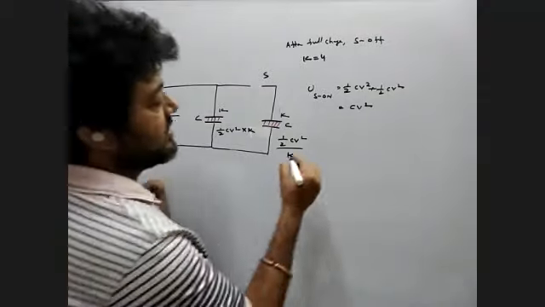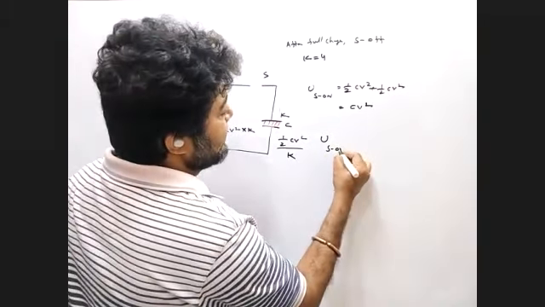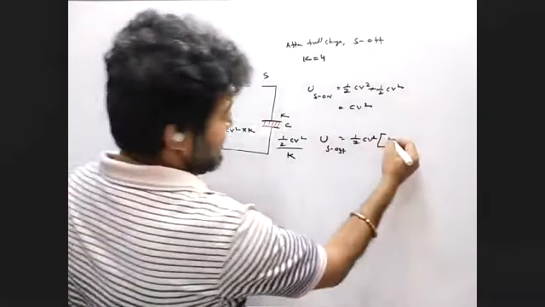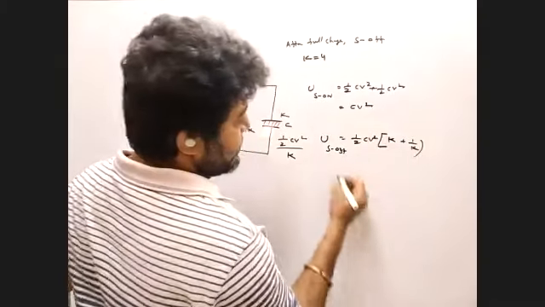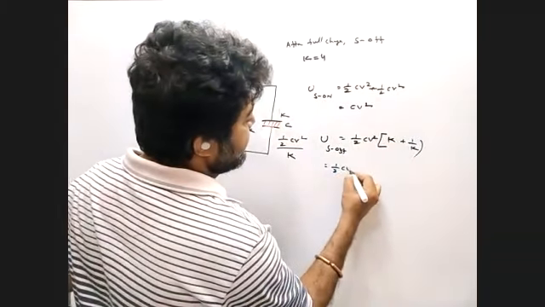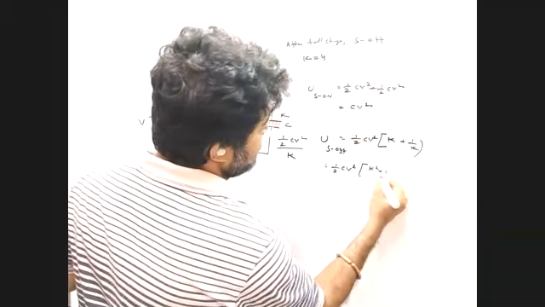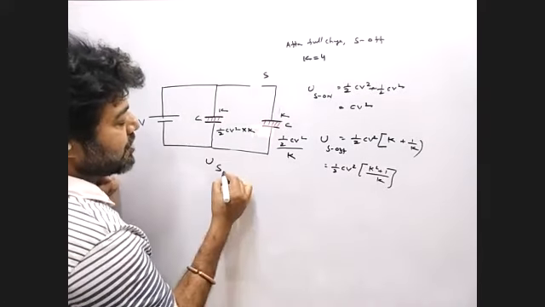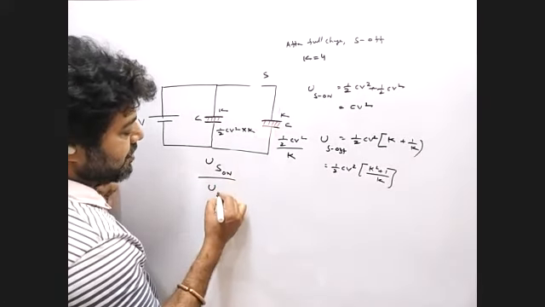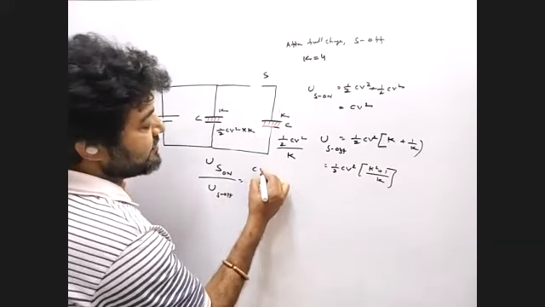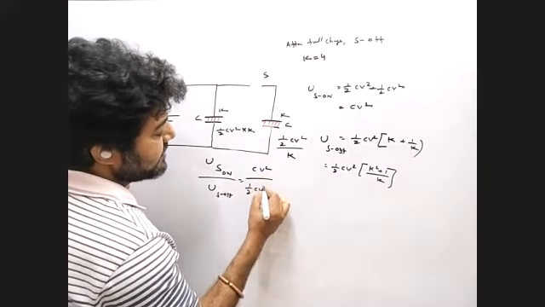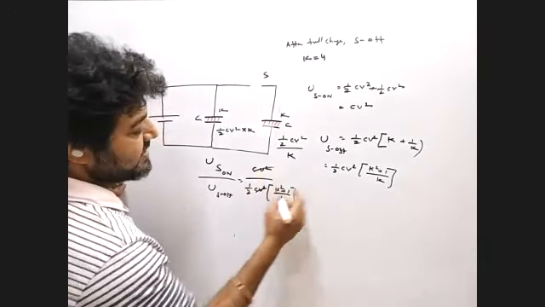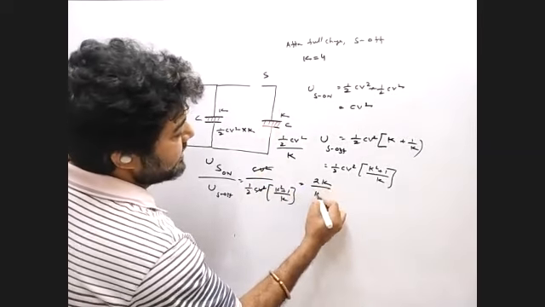So if you notice it, then what is your energy stored when the switch is off? Half CV square, and if you take common, here you get K plus 1 by K. So half CV square, K square plus 1 by K. Now the ratio of when the switch is on to when the switch is off is CV square by half CV square, K square plus 1 by K. So CV square cancels, and basically you have 2K by K square plus 1.